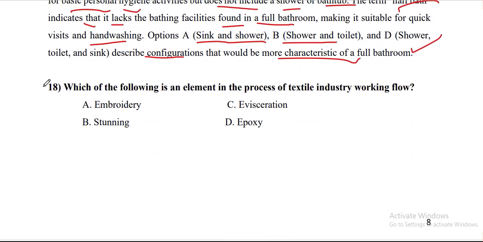Question 18. Which of the following is an element in the process of the textile industry working flow?